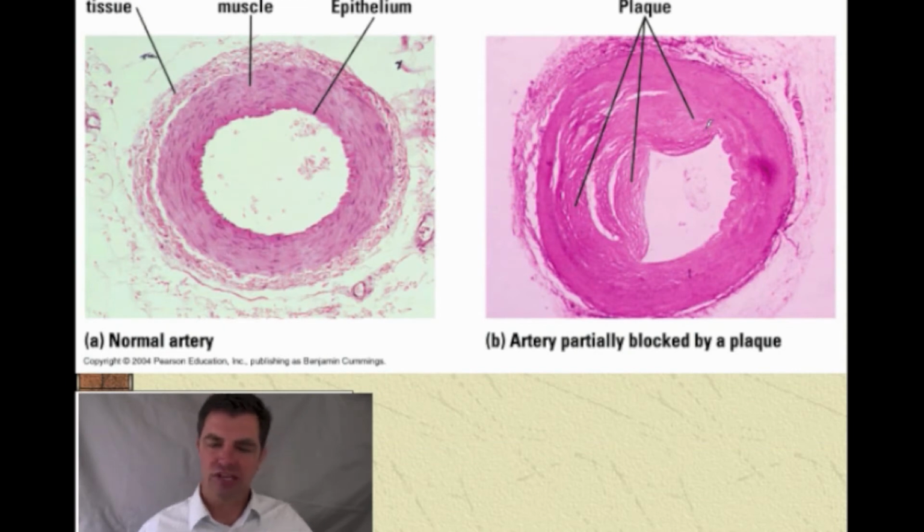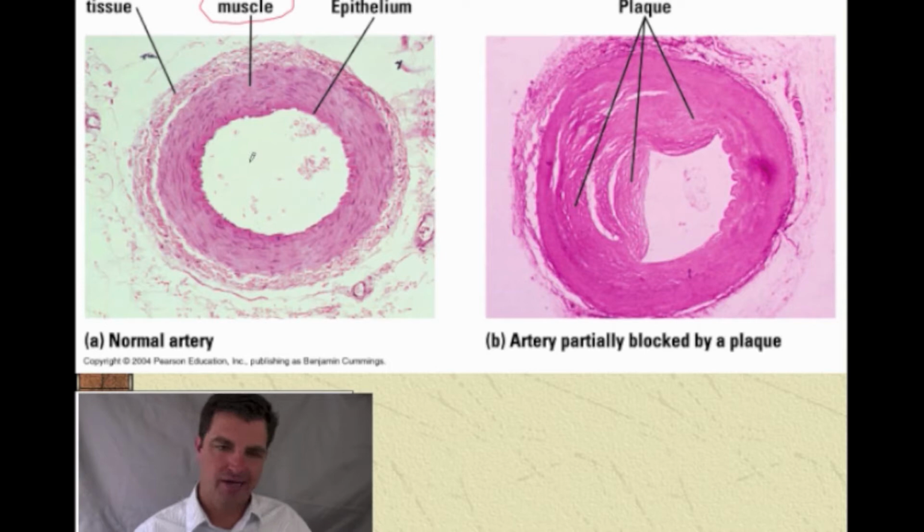One of the things that can happen is your arteries, like I said, have this special smooth muscle that can constrict and can relax. And inside there is the space, which is designed for the blood to flow through.